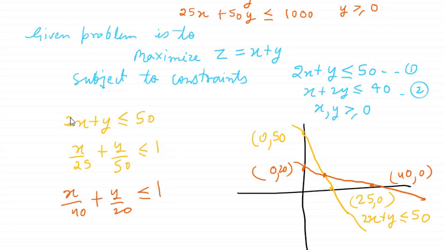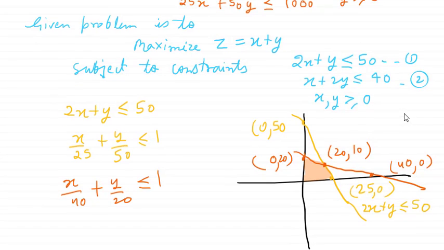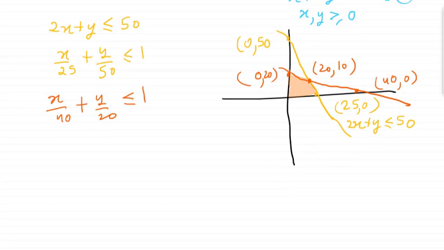Now you can see the common region is below the lines, so the common feasible region will be this region, and then we'll find the intersecting point of these two. So this point will be 20, 10, after solving the first two equations 1 and 2. Now after getting the feasible region, you have to find the corner points. So we already have the corner points. Now we will make the table for this.